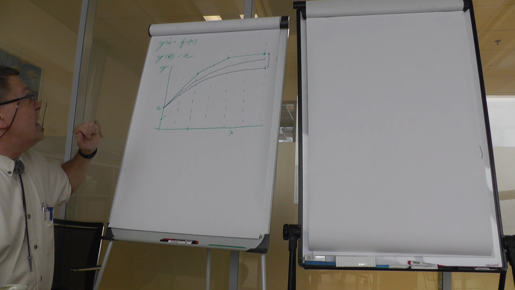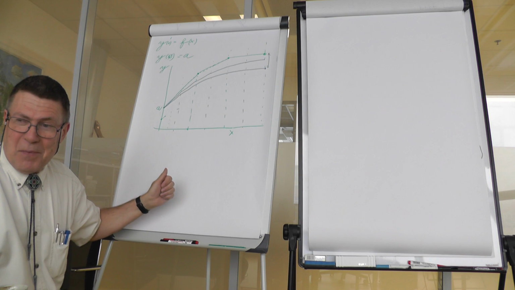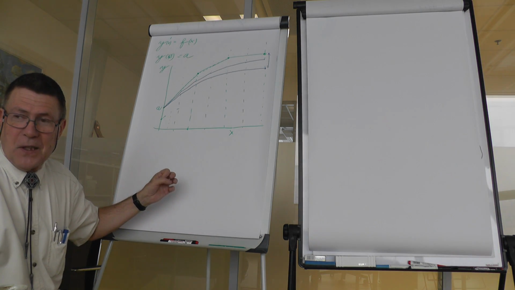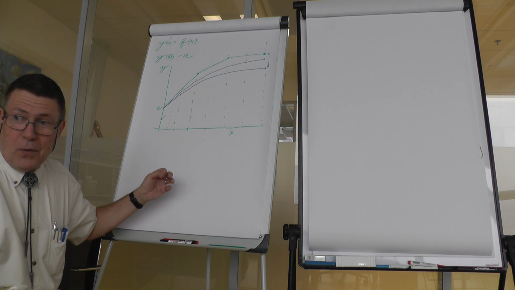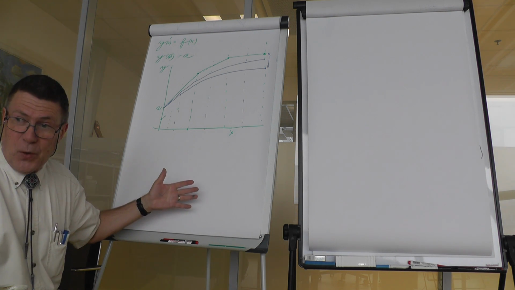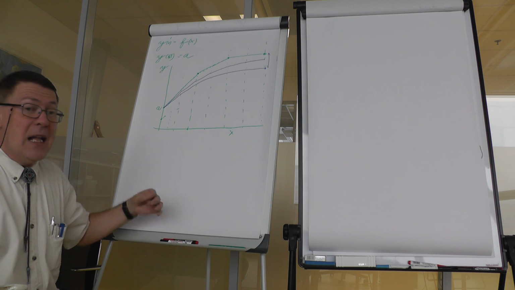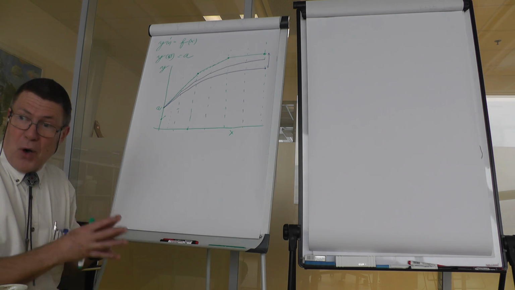Now, that might not be possible. In some cases, we do not know the derivative at any point. We only have some points at which we can achieve the value of the function f. And that is a problem.